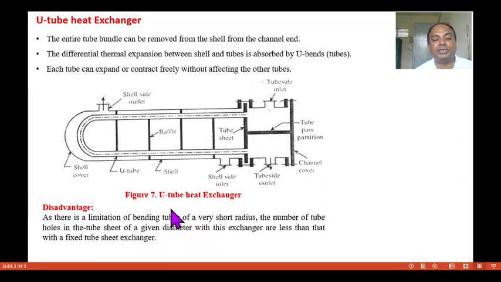The holes on the tube sheet may get affected during the process, and the U-tube can come loose. Such problems can be the limitations of this U-tube heat exchanger.